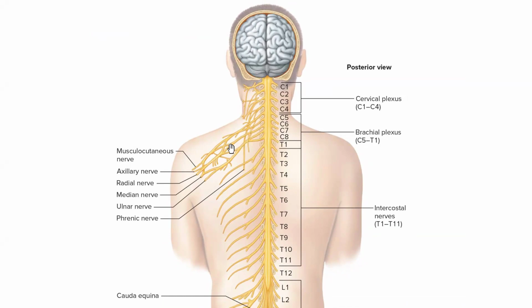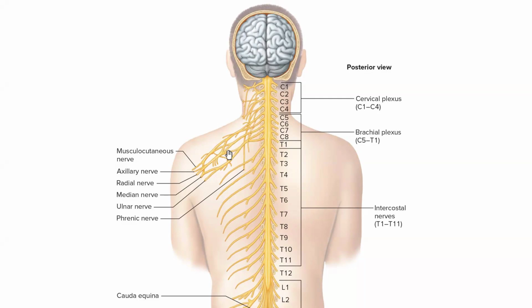Then they combine. So this one and this one combine here, and then they separate and break off. When they break off, this here is a combination of this and that nerve. And then you have this that connected this nerve to that nerve. This one is a combination of these two.